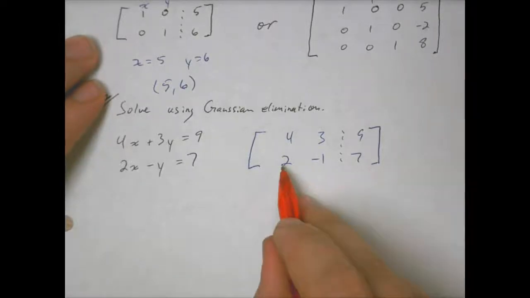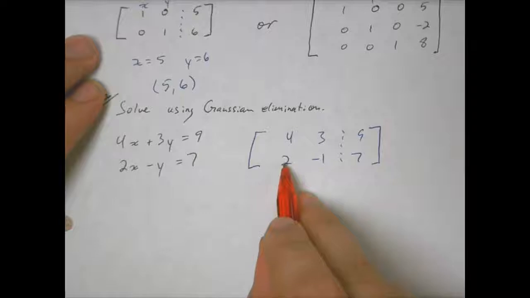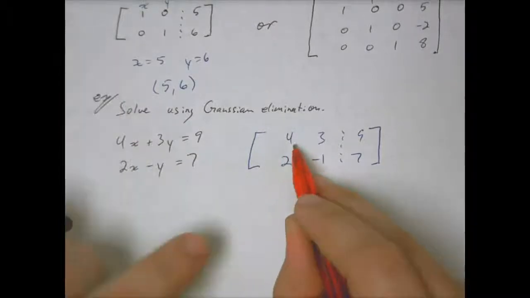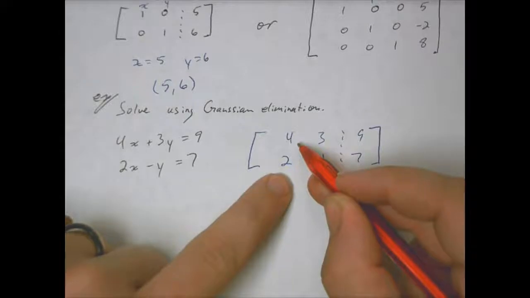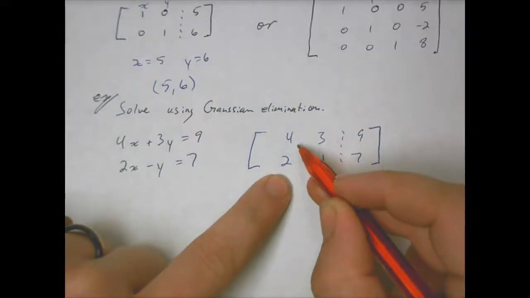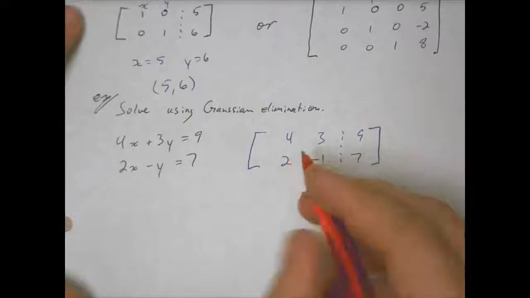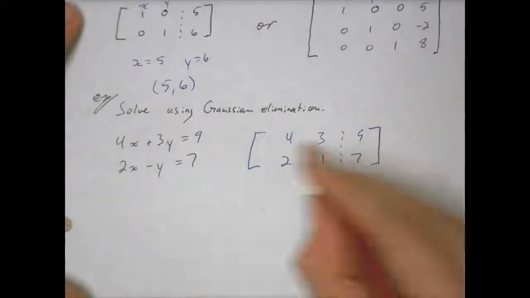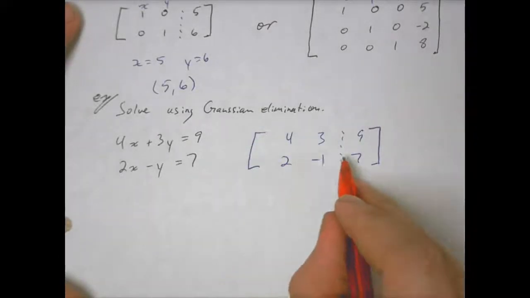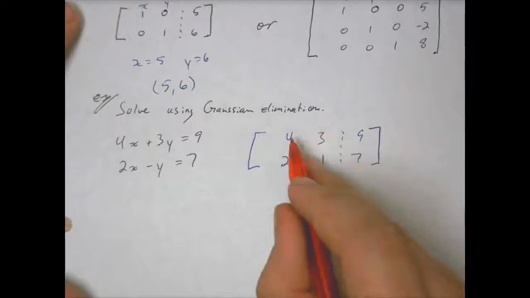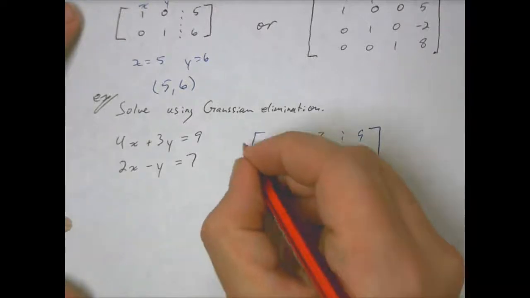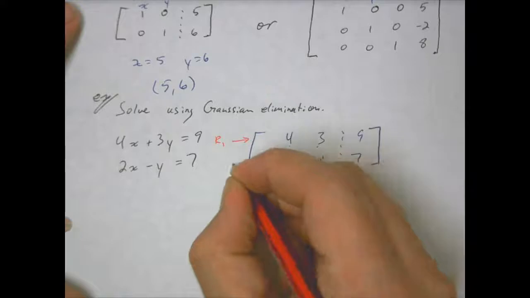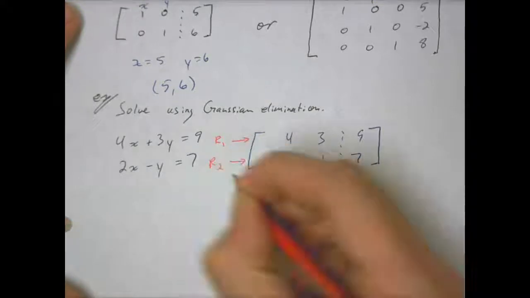So what I want to do is I see that I can eliminate this 4 if I multiply row 2 by -2. Remember, rows are going this way, and columns are going up and down. This one is called row 1, this one is called row 2.